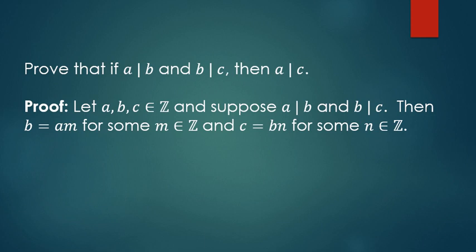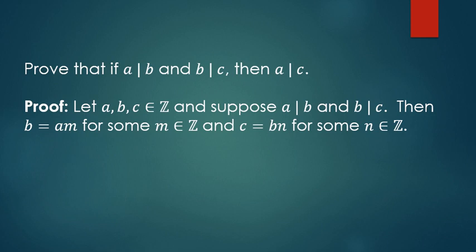So I want to show that A divides C. And this is something that you may want to write on the side of your own piece of paper, just for your own sake, to help you have a little bit of a guiding light at the end of the tunnel, so to speak, just to help you see where you want to get to in the end.